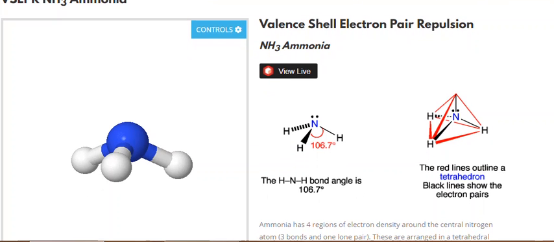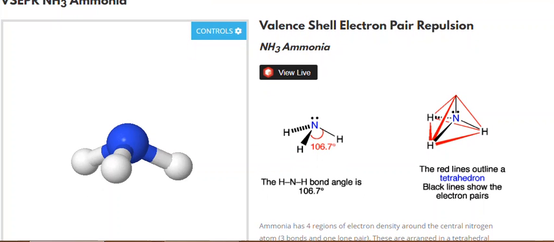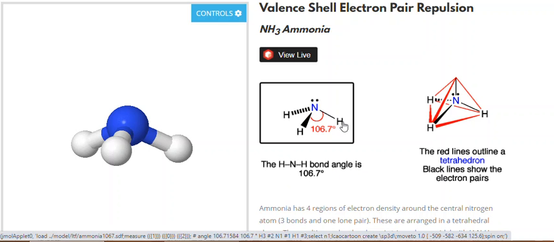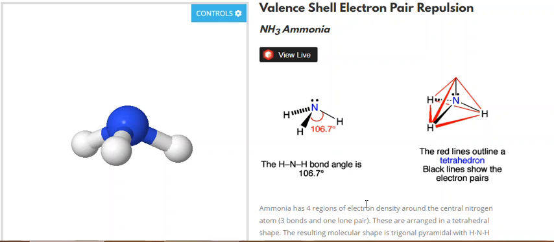It is a tetrahedral arrangement. As you can see, the hydrogen-nitrogen-hydrogen bond angle is 106.7 degrees.